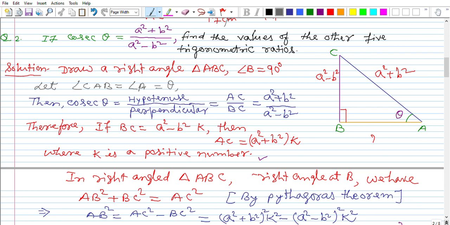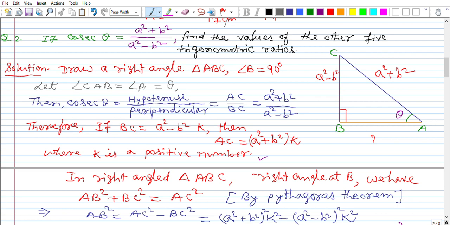In right angle triangle ABC, right angle at B, we have AB square plus BC square equal to AC square by Pythagoras theorem. Yes, my viewers and learners, you know hypotenuse square equal to the sum of perpendicular square and base square.